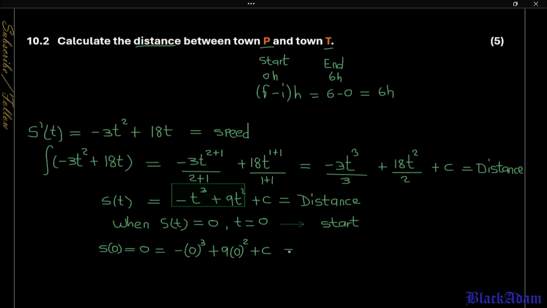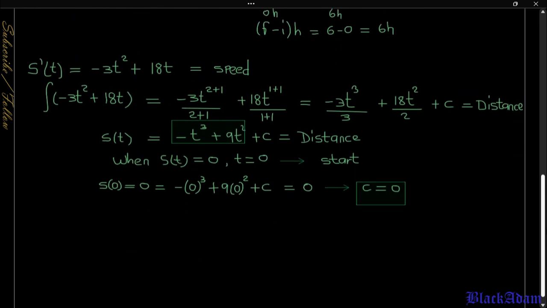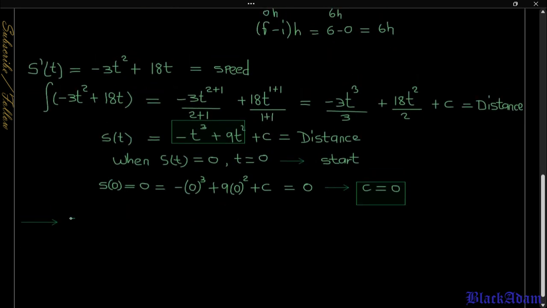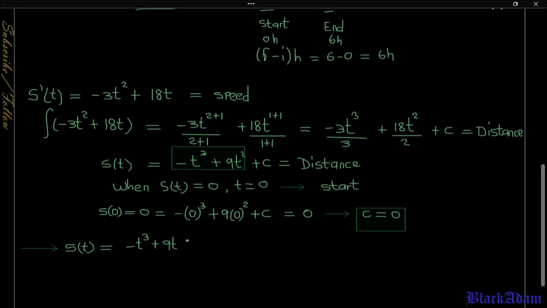At the start, when time is 0, that's when you start, so that means it's 0, so c there is 0. Our constant is 0, we don't have any constant. Then we write the original equation, which is minus t to the power 3 plus 9t to the power 2.